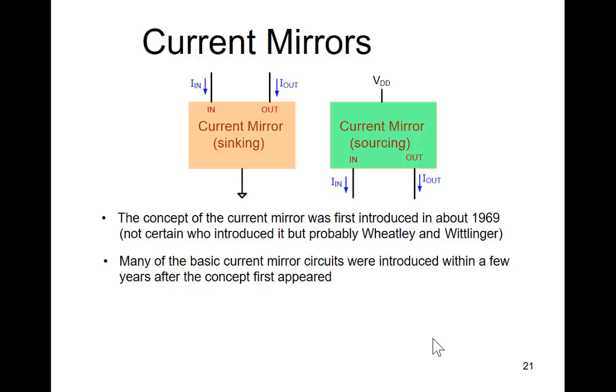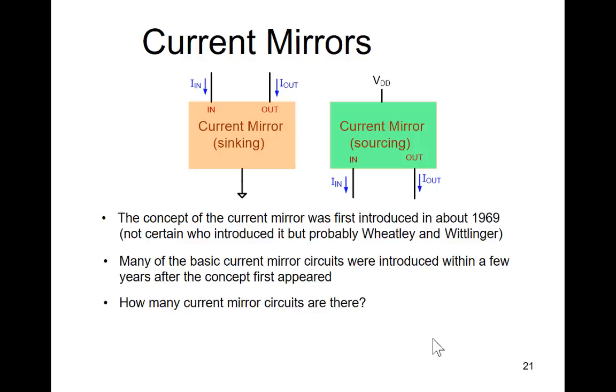I asked Wheatley, and Wheatley said, we had a patent that we were filing, and I think that between me and my patent attorney, we decided to call that part of the circuit a current mirror. So I think that's where a current mirror comes from. I think that Wheatley and his patent attorney used the term current mirror in a patent and then subsequently in a paper they published about the corresponding circuit.